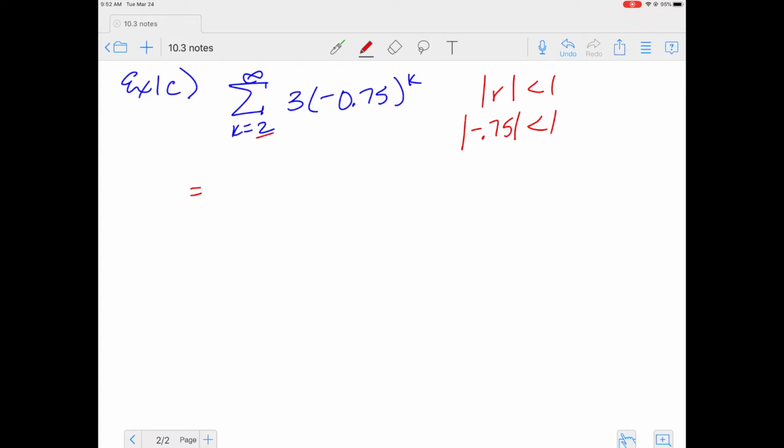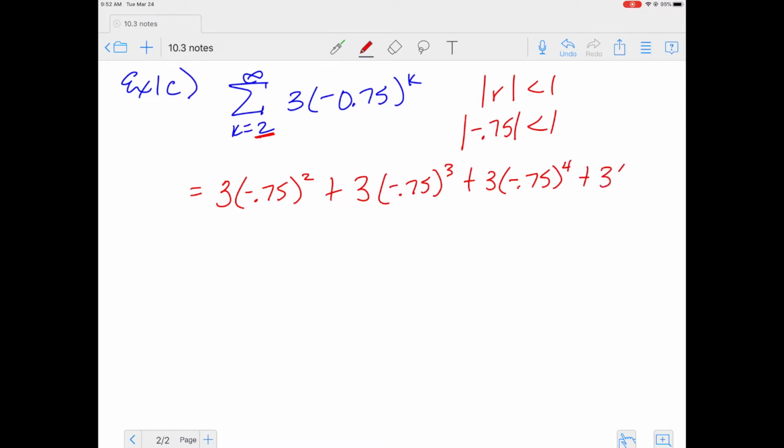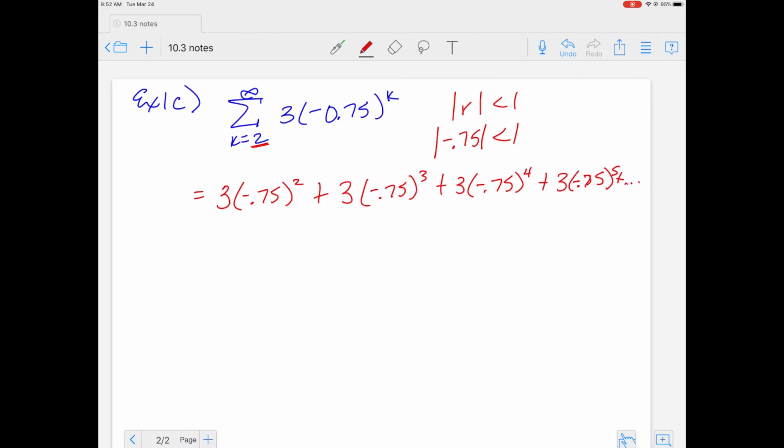I'm starting this at 2. So I have 3 times negative 0.75 squared plus 3 times negative 0.75 cubed plus 3 times negative 0.75 to the 4th plus 3 times negative 0.75 to the 5th plus more of that.